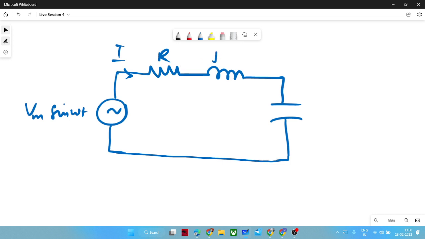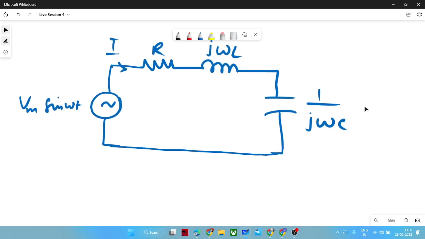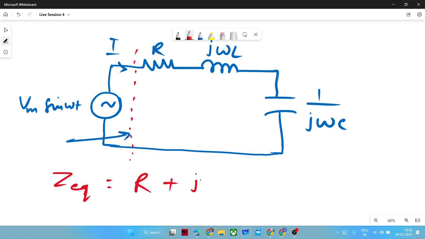So it is R, it is j omega L, and it is 1 by j omega C. Okay. So for equivalent impedance, if you look from this terminal, what you will see, Z equivalent will be R plus j omega L plus 1 by j omega C.